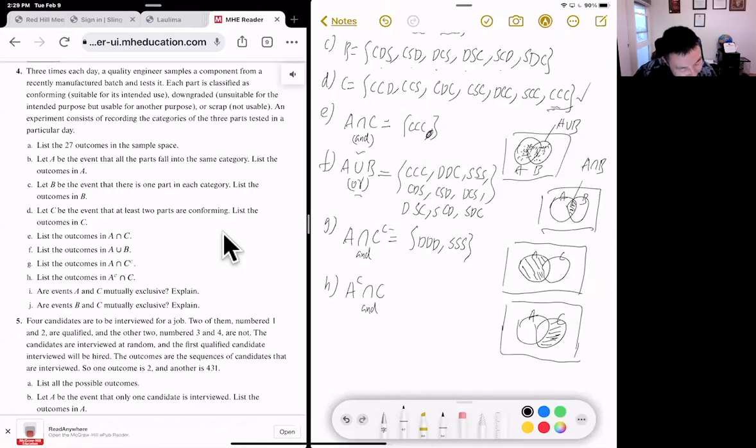If you do the counting, it will be CCD, CCS, CDC, CSC, DCC, and SCC. So that is H.